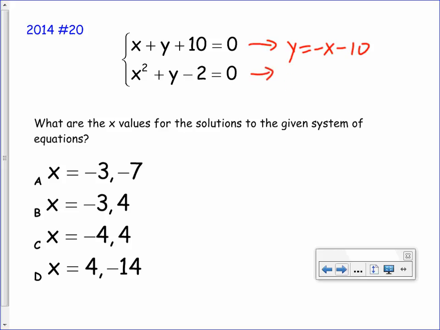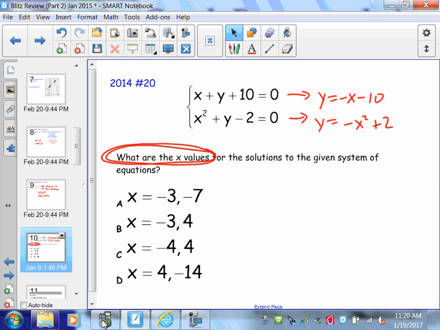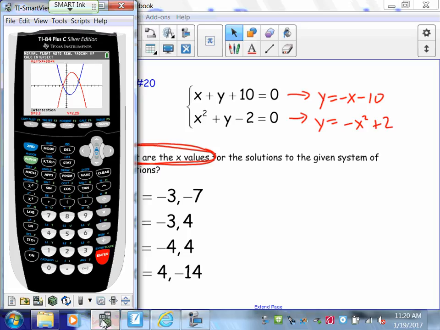And this is y equals plus 2. Watch the question, because this question says, what are the x values? That's it. It just wants the x values. Here you go. Go ahead and plug it in and find the answers.